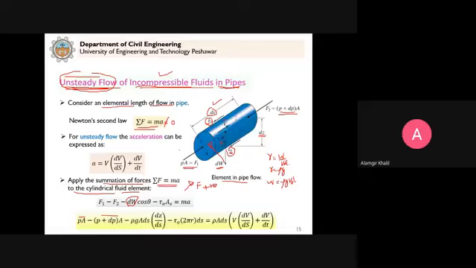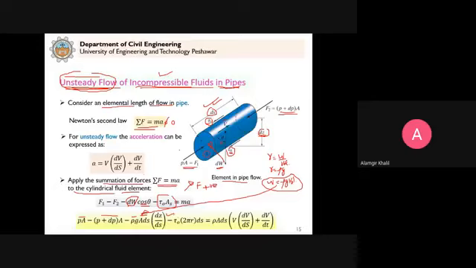So what is the volume? A into ds. The cross-sectional area A multiplied by ds is the volume. So this is rho g into volume. This is what we have written here. And then cos of theta. So cos of theta you can calculate for this element, dz by ds. This is dz and this is ds. You can calculate.